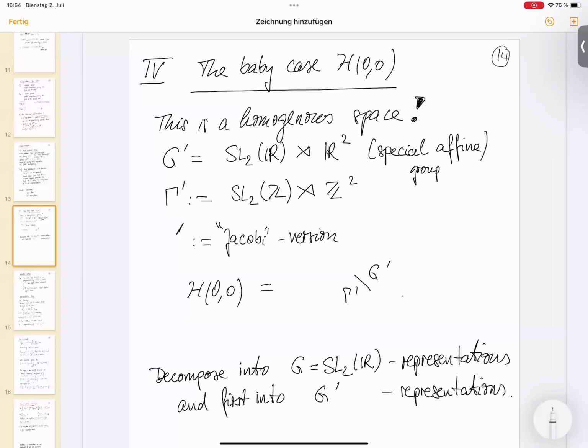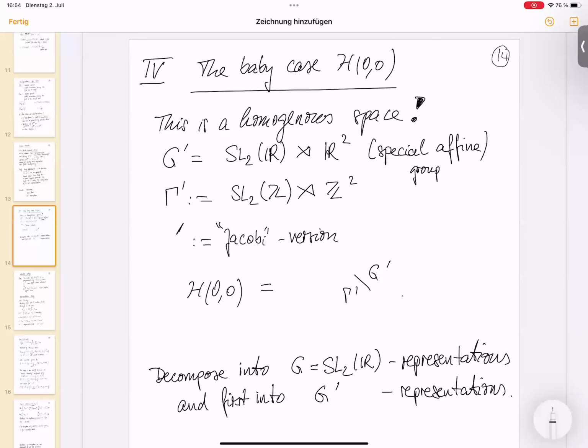And if I neglect measure 0, the space where the two points collide, this stratum H00 is a homogeneous space just for the special affine group, and I abbreviate that by G prime. In general, if you see a prime, that usually means the Jacobi version of the unprimed thing. So it's usually the obvious semi-direct product of something.